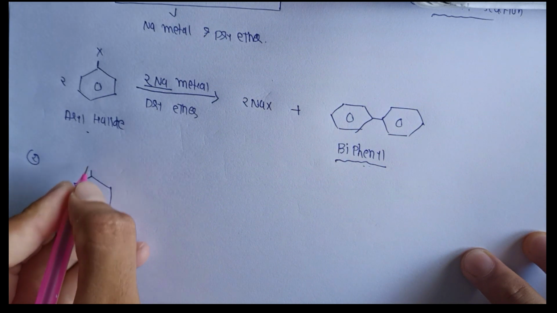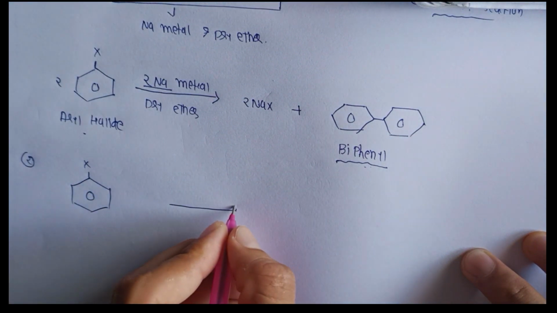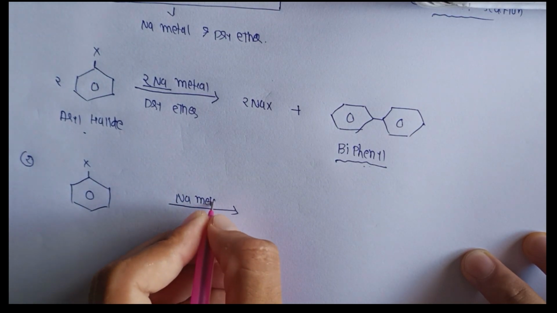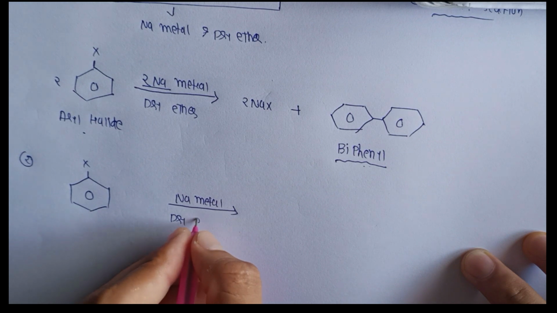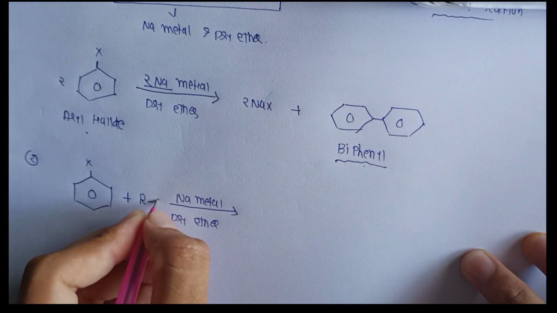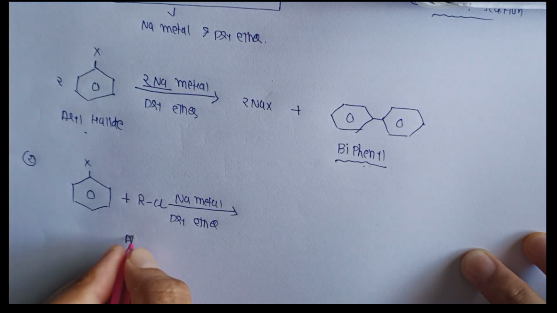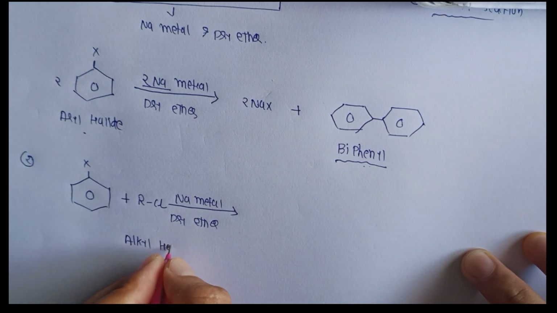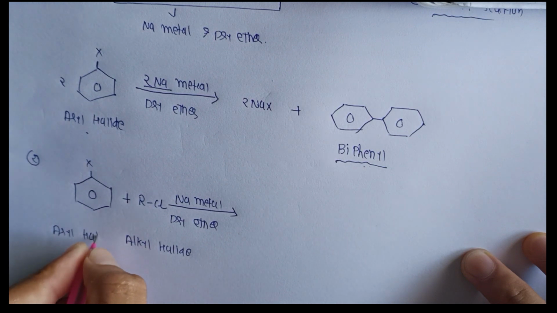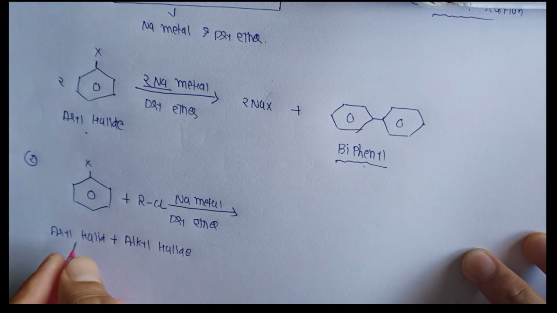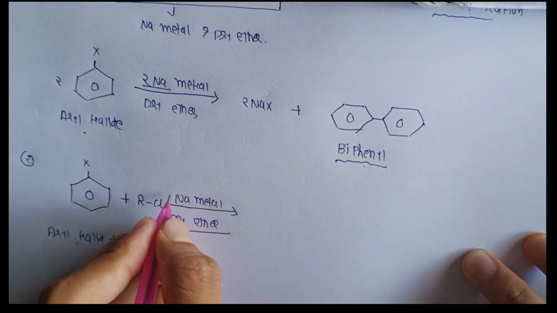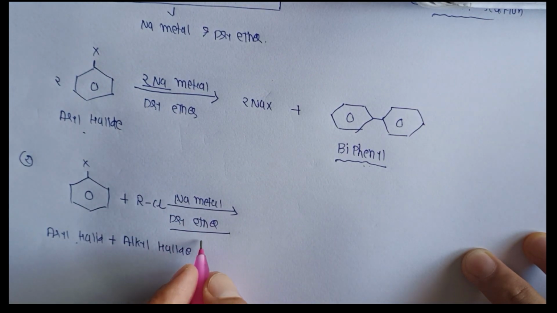Any aryl halide compound reacts with Na metal and dry ether, but the other component is RCl, meaning an alkyl halide. So the aryl halide and the alkyl halide react in the presence of sodium metal and dry ether.